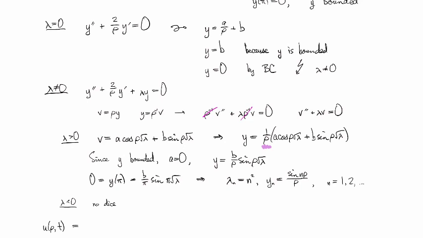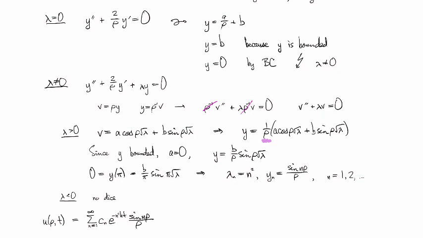So putting all this together, we see that u of rho, t is going to be the sum from 1 to infinity of C_n times our g function, which was e to the minus lambda kt, but now we know what lambda is, times sine n rho over rho.